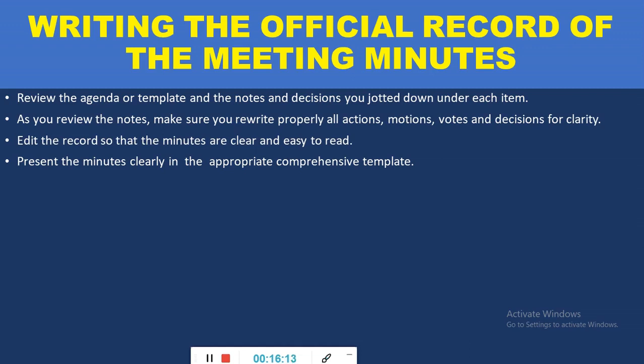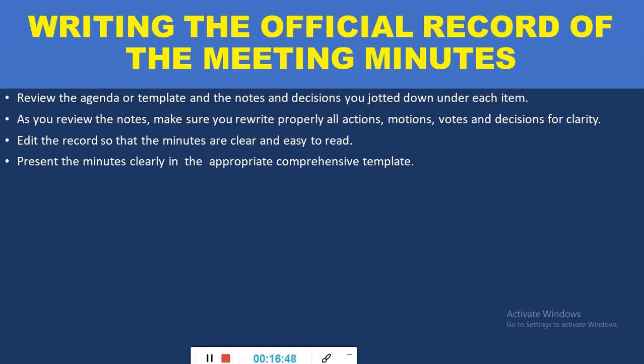And what you do at this point, you review the agenda or template and the notes and decisions you jotted down under each item. As I earlier said, if you have the agenda, you have the template of the meeting with you while the meeting is going on, that will help you to jot down the notes and decisions under the various items of the agenda or the template, and that makes the job quite easy.